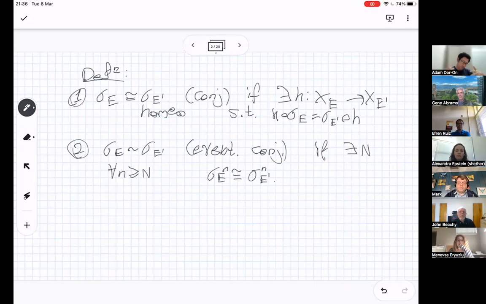Okay, so this is the most fundamental question about any kind of topological dynamics. And it turns out that this is not known to be decidable. So there's no known algorithm that terminates, which verifies whether given two systems, they are conjugate. This one, eventual conjugacy, is actually decidable. So there is an algorithm that verifies when two systems are eventually conjugate, perhaps surprisingly.